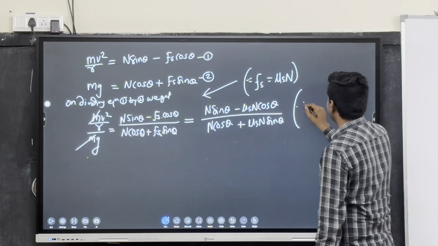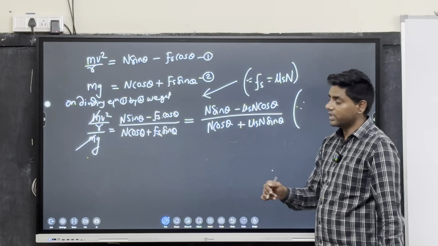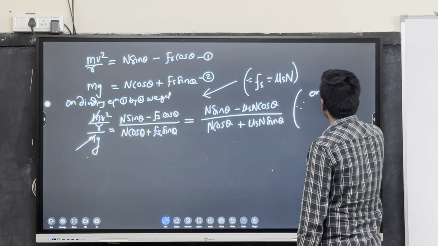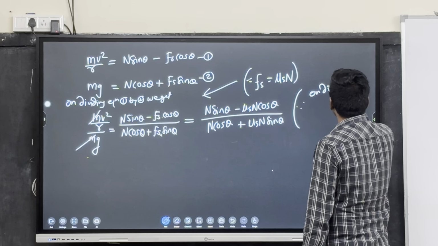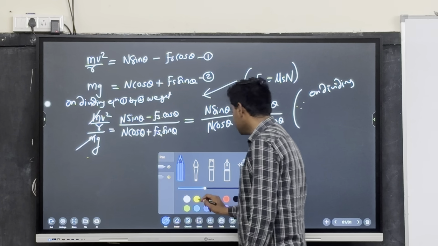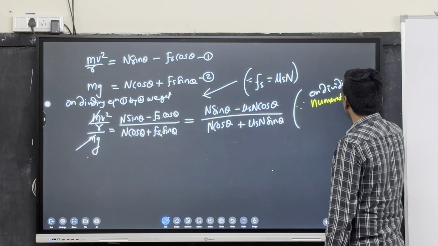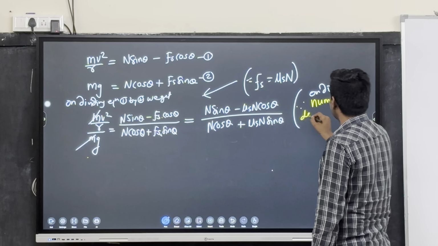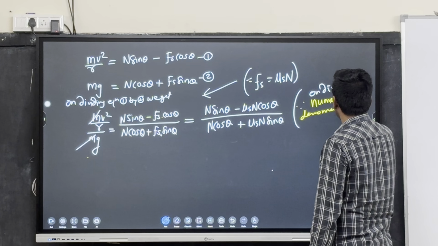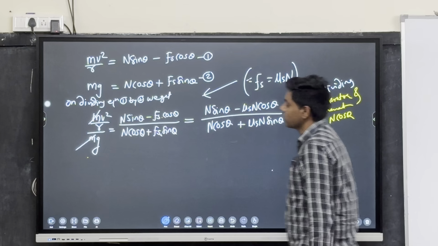So after that, very simple, what we have to do is divide numerator and denominator by N cos theta.